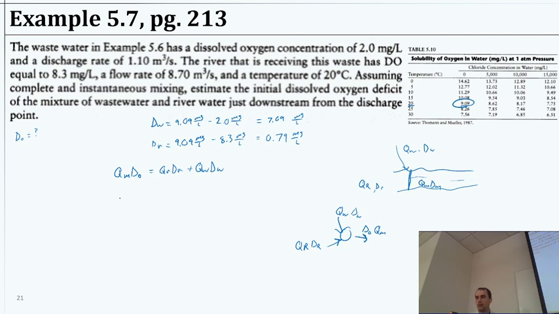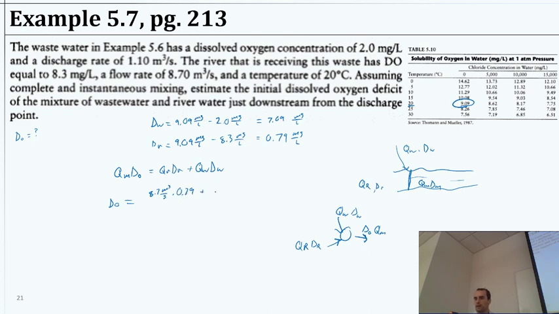And so essentially then we just need to solve for that initial deficit, and that's going to be, so QR was 8.7 cubic meters per second times the river deficit, 0.79.